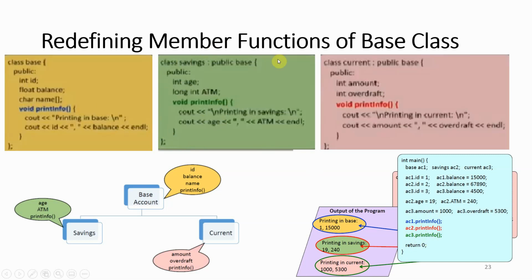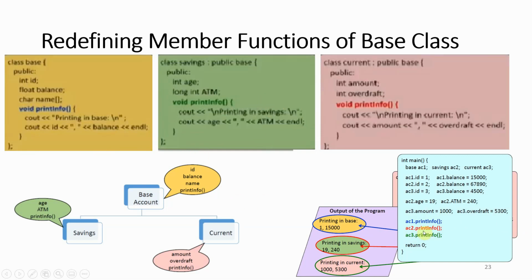So you can think of this class as having 2 member functions. What are their names? It's print info and print info. One is derived from the base class, one is only defined in the derived class.